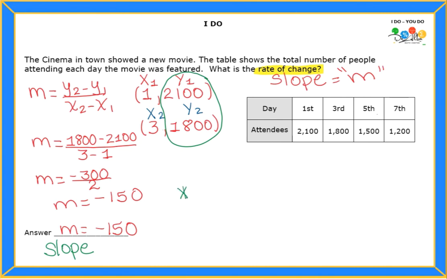So we can say something like 150 is also, you will notice that I'm not going to write the negative sign, because we're going to replace the negative with another word. So we're going to say 150 less attendees every day. Very good.